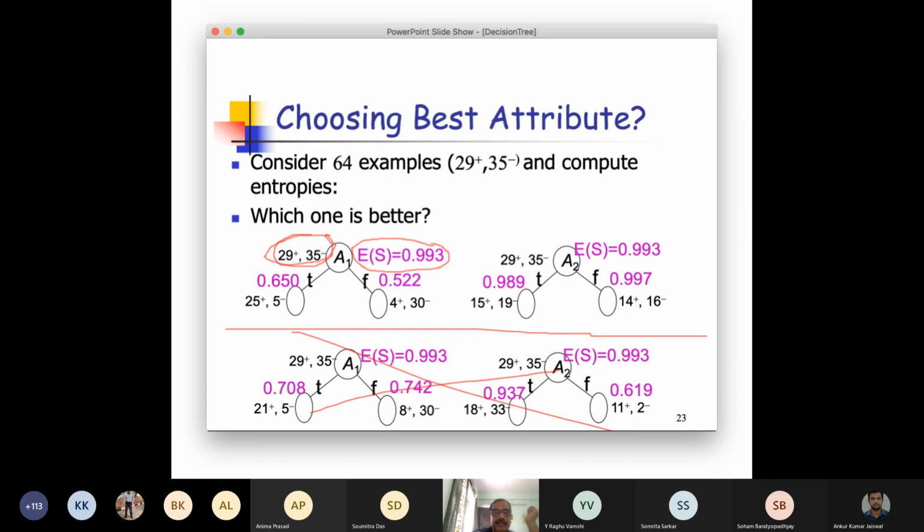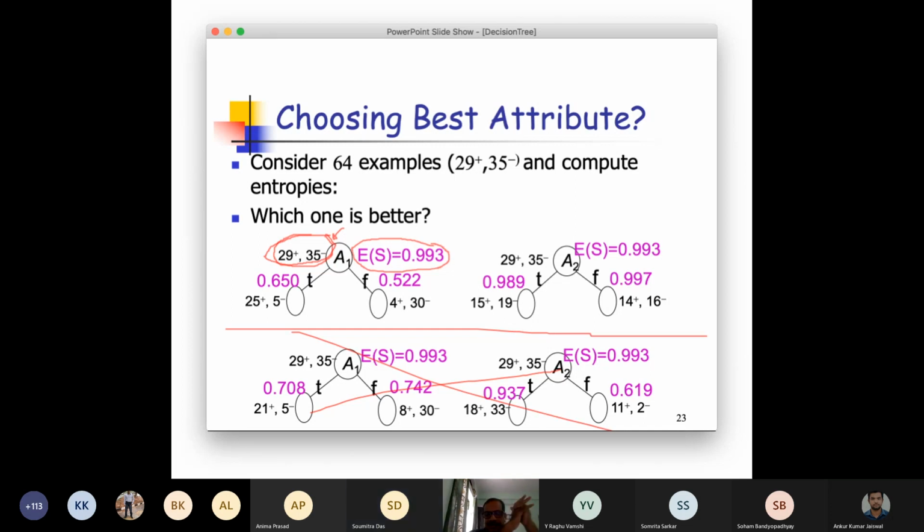See, we are considering entropy with respect to this distribution. Sir, at first we have computed the entropy for these two terminal nodes. One is 0.650 and another is 0.522. Then it will be 30 by 64 into 0.650 plus 34 by 64 into 0.522, and that would come as 0.993.